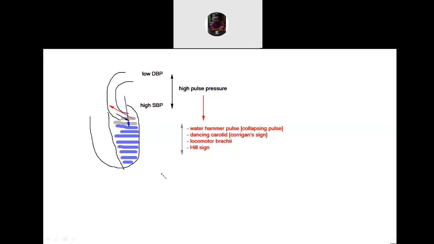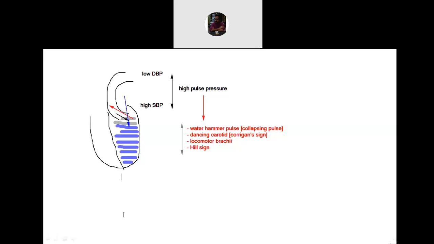So instead of the split becoming more prominent, the split becomes narrower or even disappears. So when on deep inspiration, the split becomes less prominent or disappears, you understand that the split is reversed. And in that case, the first sound therefore should be P2 and the second sound should be A2.